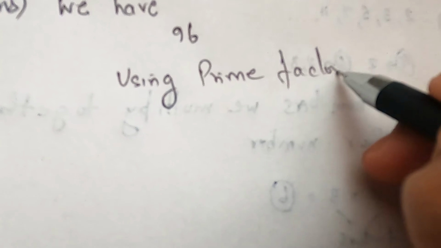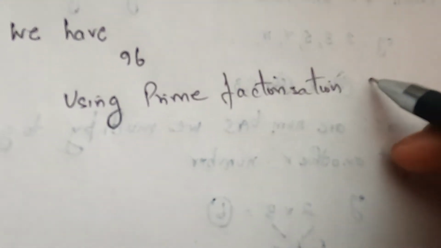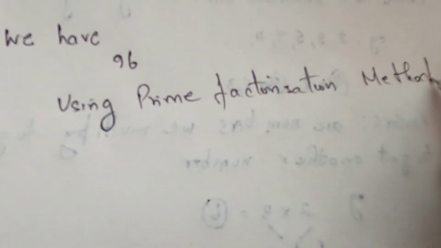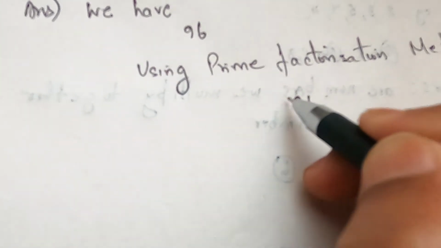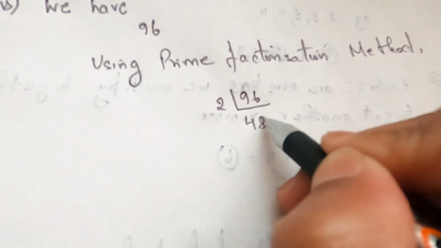So number 1, we have 96. Using the prime factorization method, 96 will be 2 into 48.